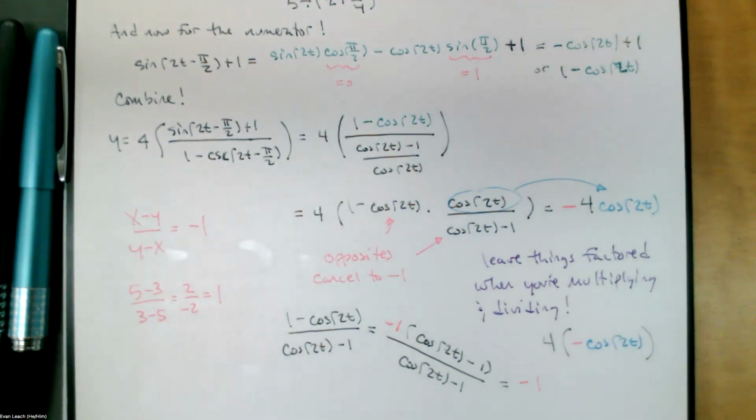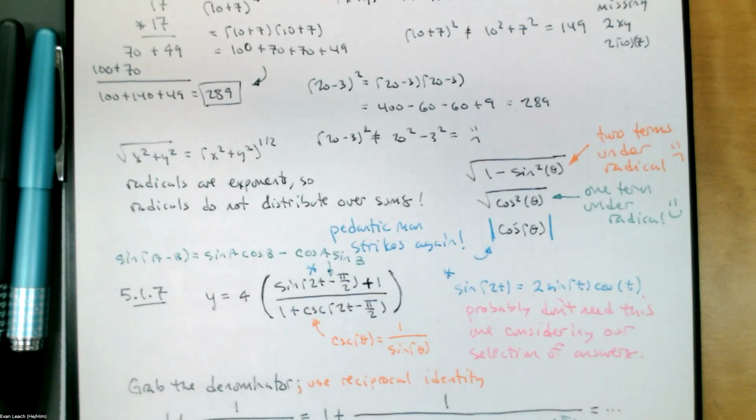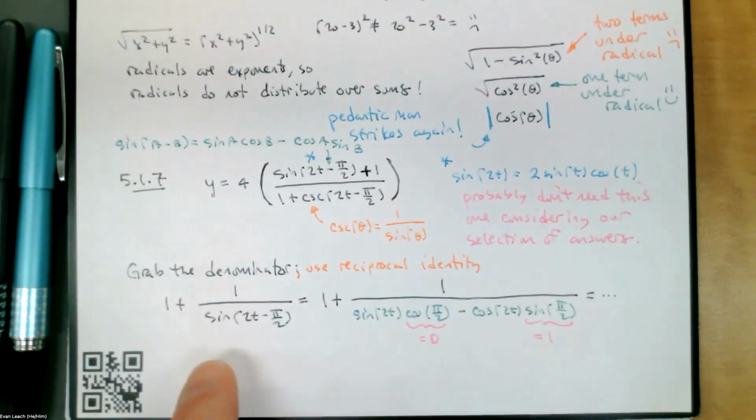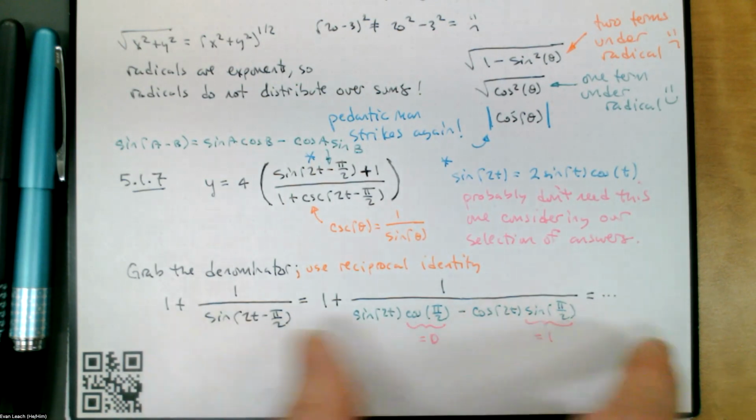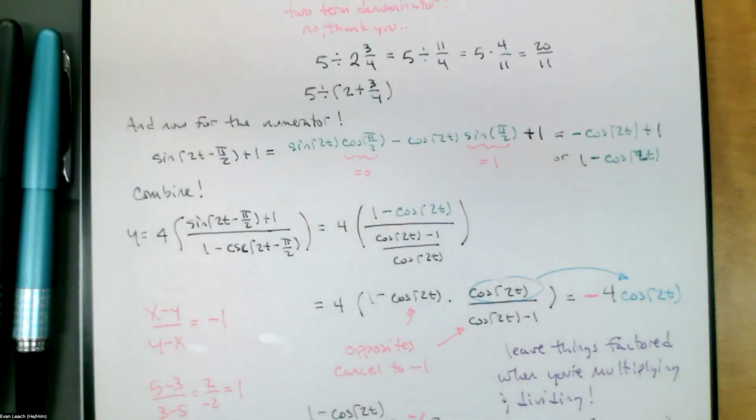That's why I started off by just grabbing the denominator and seeing what we could do with that. Because otherwise, doing this all at once becomes a much bigger mess. Because remember, this is just going to be the denominator. Put all these steps under these steps, and it's kind of a lot.